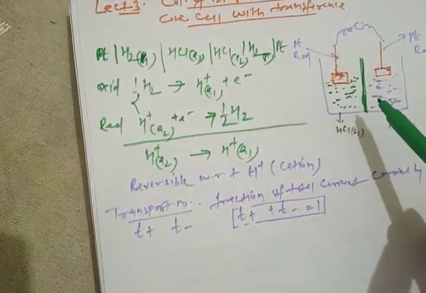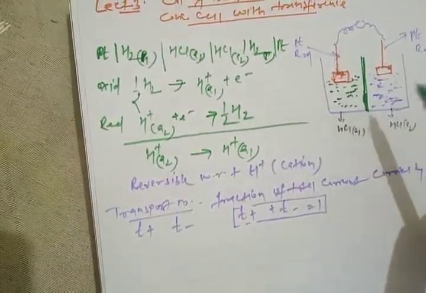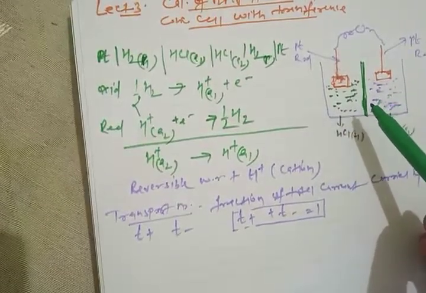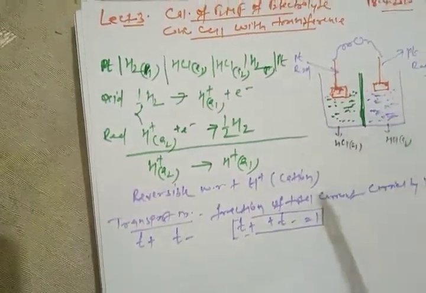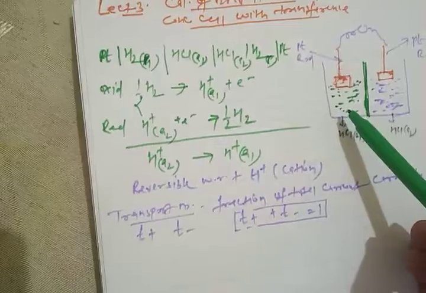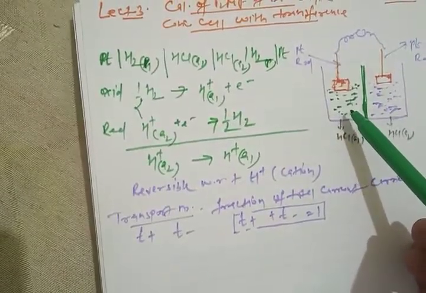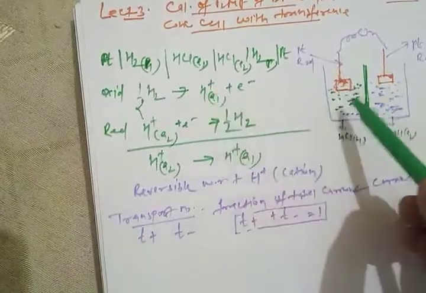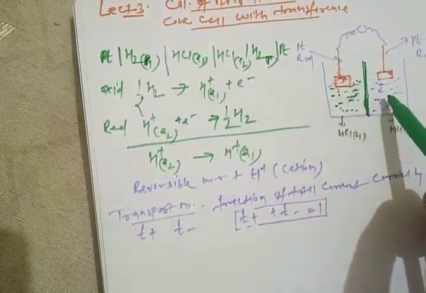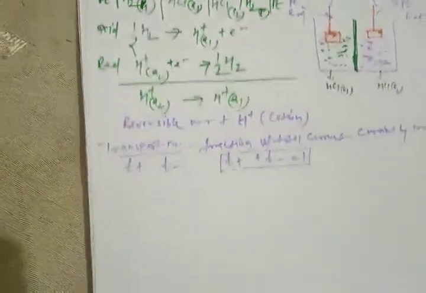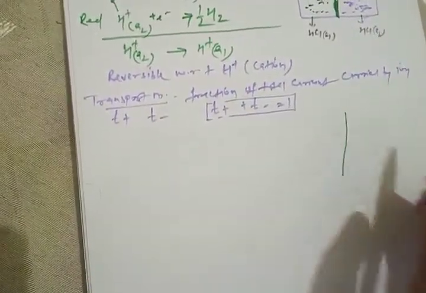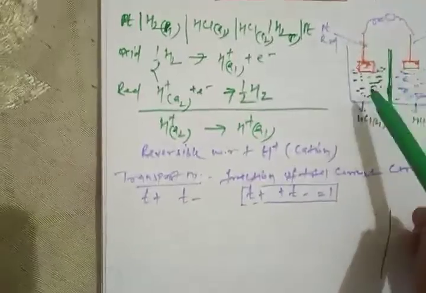That is what the transport number is. So what happened here? Here we are moving H plus, that means this H plus ion is moving from here to here. So I'm writing here, if it is a transport, this is the same membrane. What is happening here?